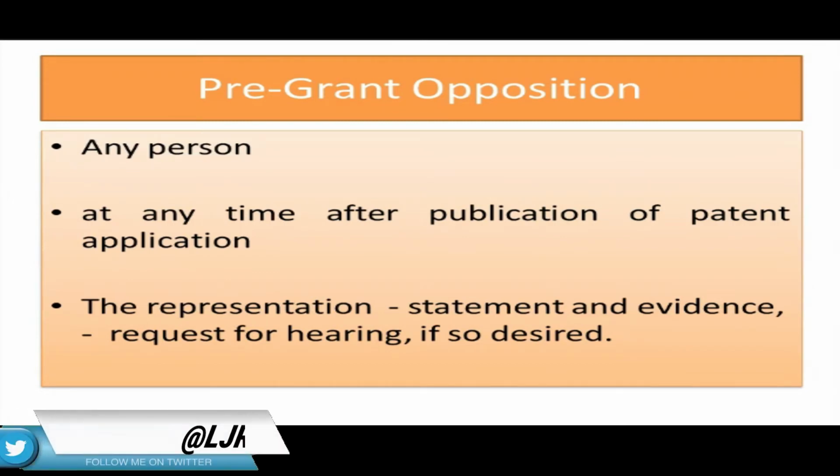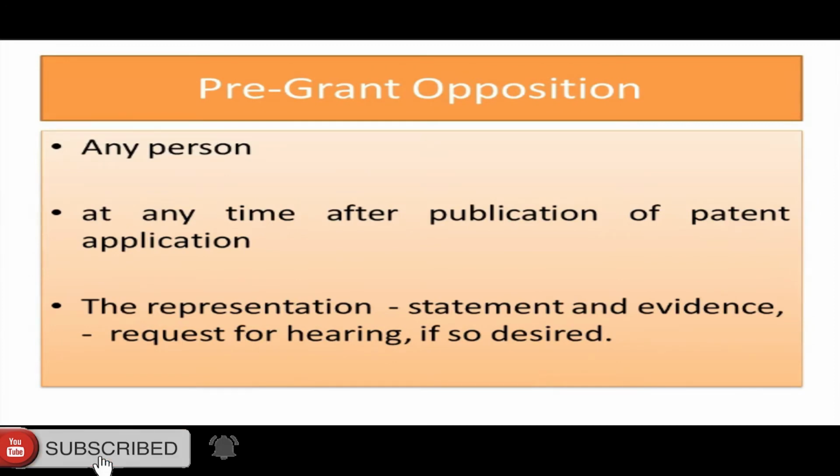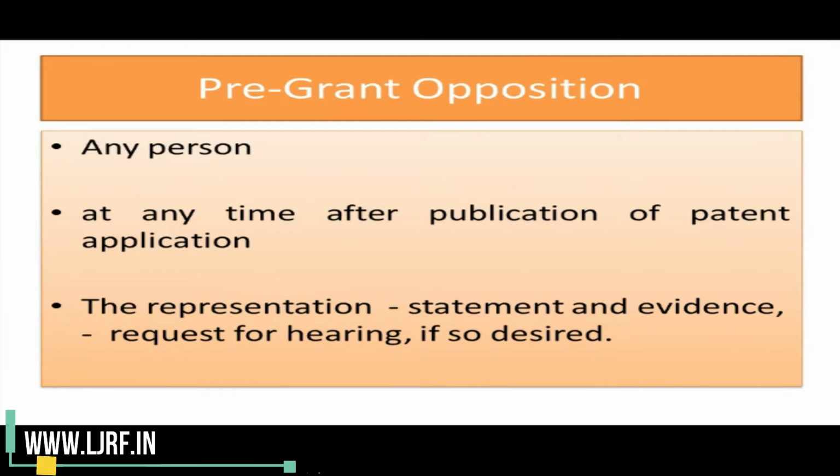So a proceeding similar to a court proceeding can happen here also, because there is a person who is opposing your point of view. You have made an application claiming that you can be granted a patent, but another person, another company, comes out and says that we have got an invention, we have got a machine, we have got something which is already known, and what you are claiming a patent for is similar to what is already known to us.